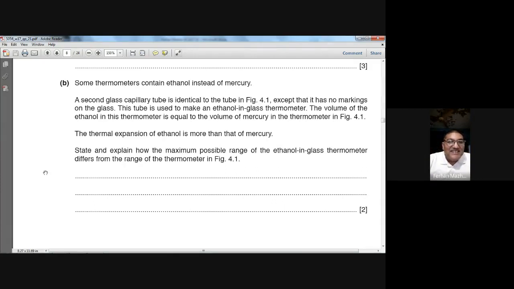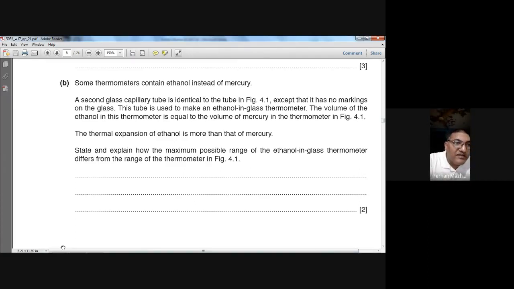The reason is that the ethanol is expanding more as compared to mercury. So the range of the ethanol-in-glass thermometer will be less as compared to the mercury-in-glass thermometer.